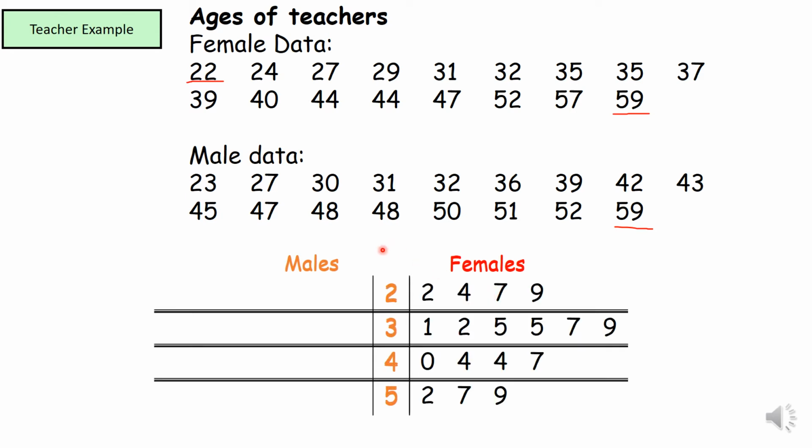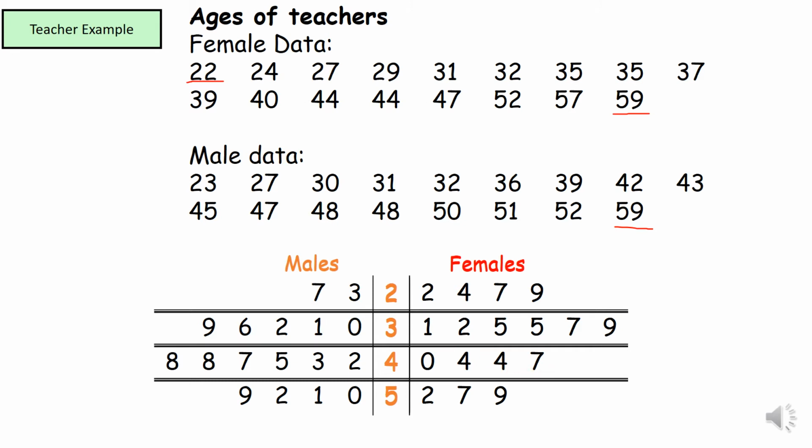And for the male parts, I'm going to use this part of the stem and leaf. But remember, the smaller number is going to stay closest to the stem. So 23, 2 is already there, 3 goes closest to the stem. 27, the 7 goes after that, and then 30, 0 goes next to 3. So we end up with something like this.